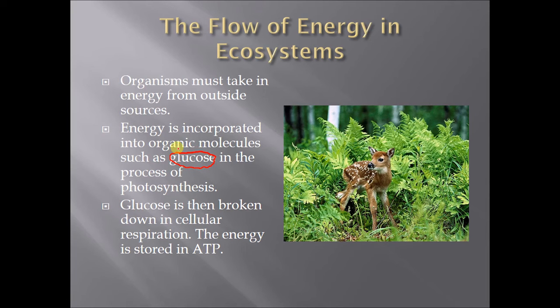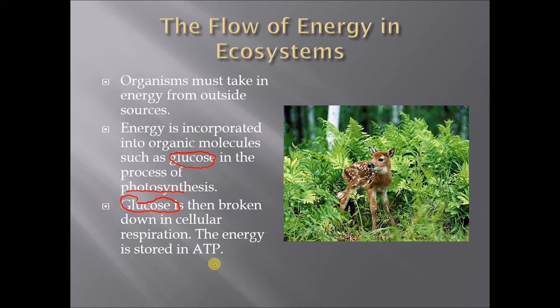Any of the macromolecules we talked about in the biochem unit are where we're going to get those molecules as heterotrophs. Things like plants make those molecules via photosynthesis using the sun's energy. Glucose in specific is broken down in cellular respiration to form ATP.